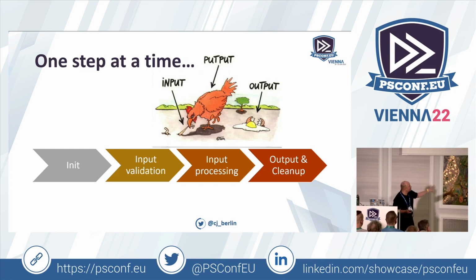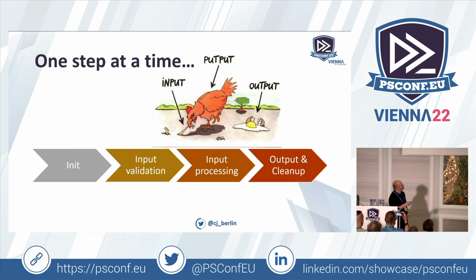Then you do your put phase, input processing. That is basically what you came here to do. And then the last step is output: your meaningful output, return code, result objects, and cleanup. What happens if there's something wrong here? You just skip these steps and go to the output phase.